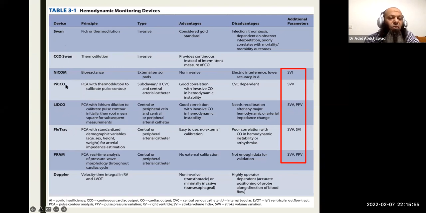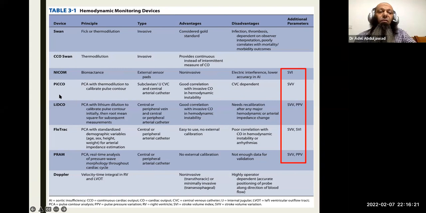So those, PiCCO, LiDCO, FloTrac, or PRAM, use what's called pulse contour analysis. And for Doppler or echocardiography, you assess the VTI in the RV and LVOT, which people who are familiar with echocardiography can commonly use at the bedside.